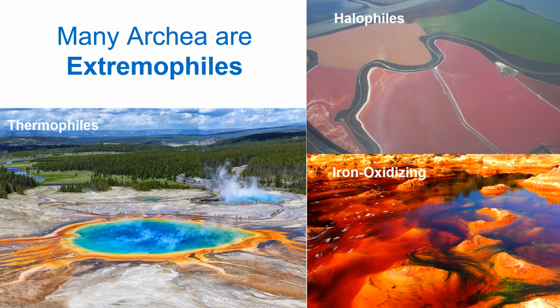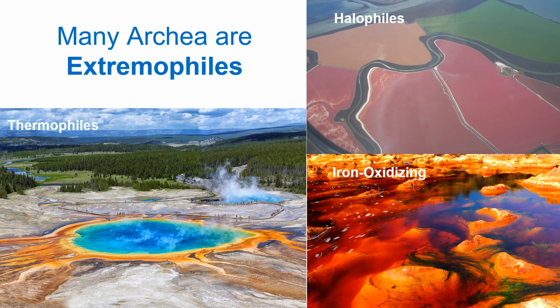There was lots of incoming ultraviolet radiation because there was no ozone layer yet. There were these rather noxious, toxic substances in the oceans. And many of the archaea are known as extremophiles. Phile means to love. They love extreme conditions. That's what they evolved into. They're good at dealing with extreme stuff.